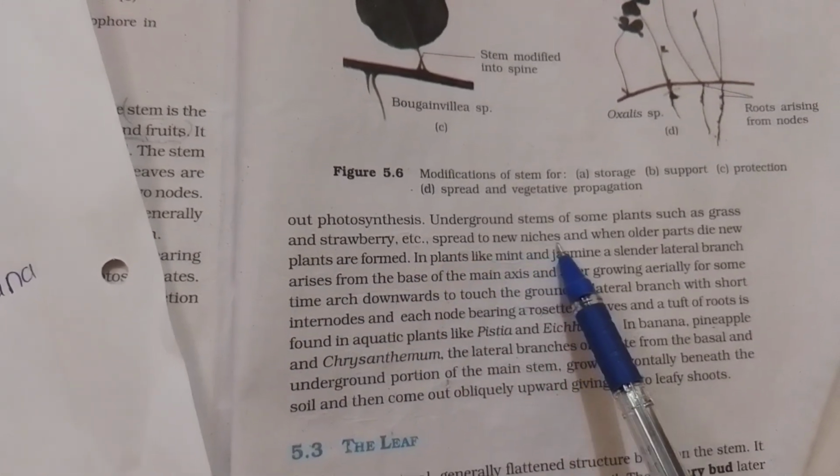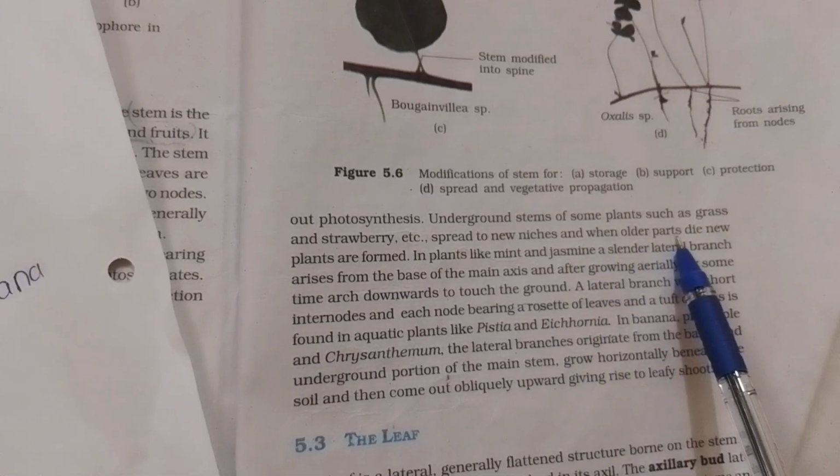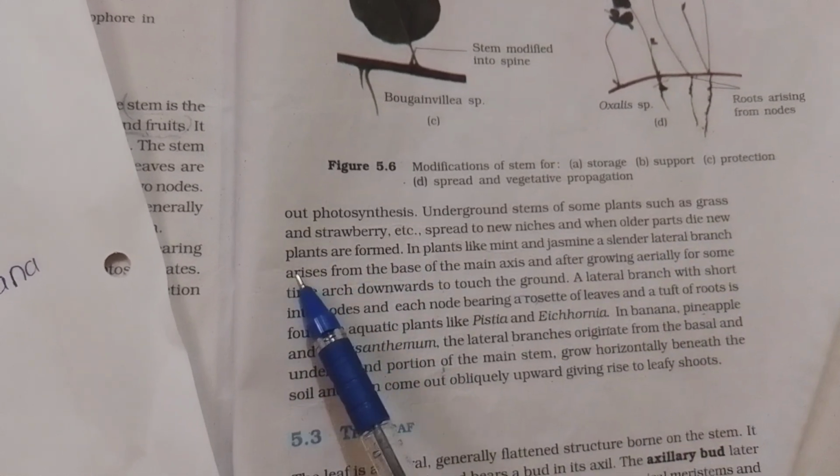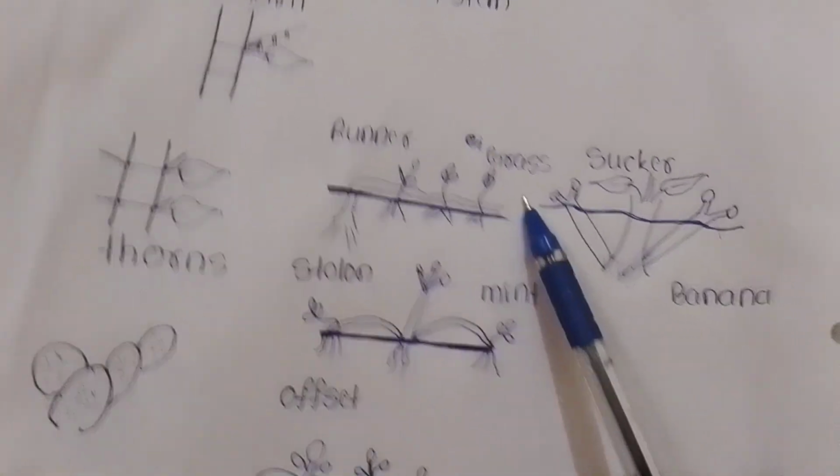Underground stems of some plants such as grass and strawberry spread to new niches, and when older parts die, new plants are formed. This can be seen in the runner.